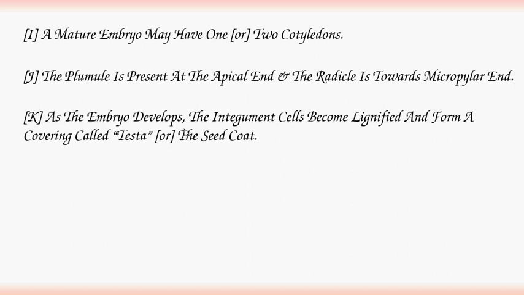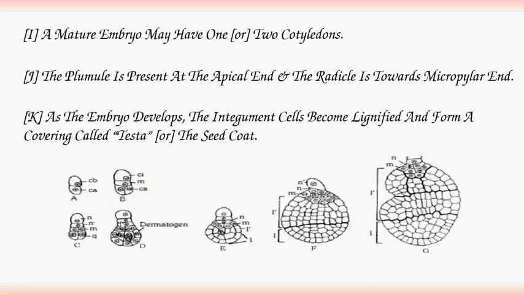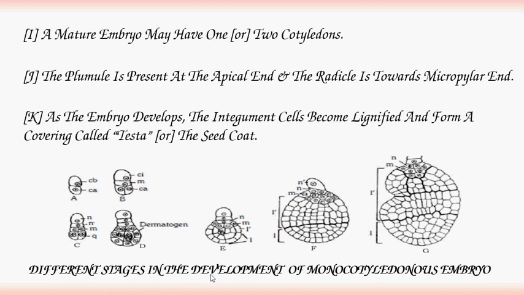As the embryo develops, the integuments, the covering that surrounds the ovule, become lignified and form a covering called the testa or the seed coat. So these are the developmental stages in the monocotyledonous embryo.